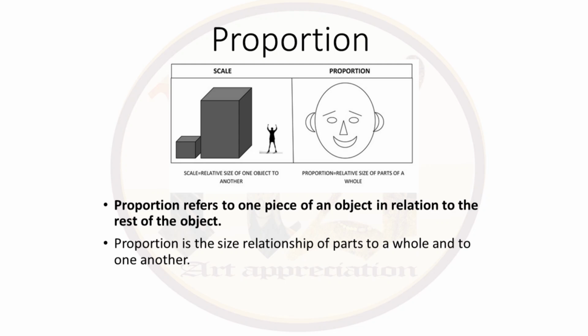So we have to see nose, lips, eyes in relation to the whole face and to each other. Same goes for a genre scene or a composition where you make a man. You have to see the size of the man in relation to the bike or a car or a tree or the buildings around him, so that everything looks proportionate. Otherwise, your composition is odd.